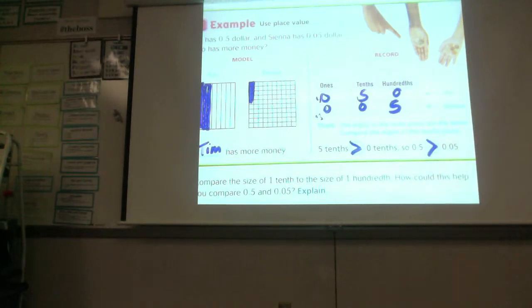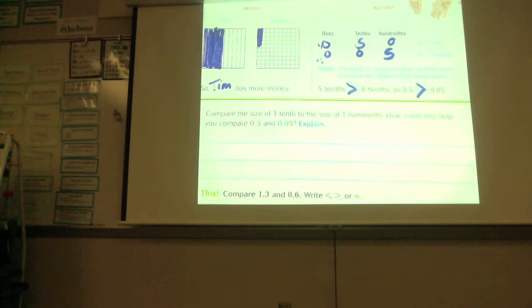So 5/10 is greater than 5/100. Compare the size of 1/10 to the size of 1/100. Just looking back up at your chart up here, you can compare 1/10 to 1/100. If you can compare those, you can easily compare 5/10 to 5/100.